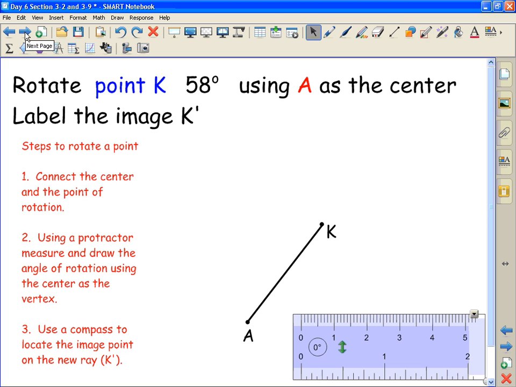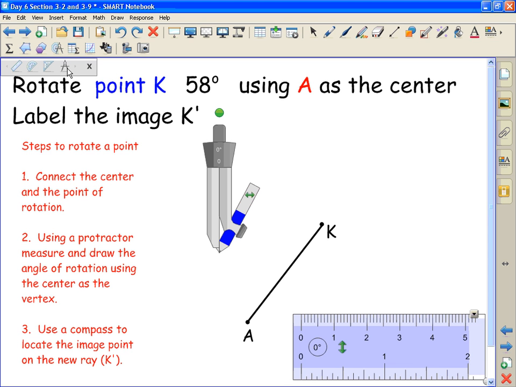We're going to rotate point K 58 degrees using A as the center, labeled the image K primed. What we're going to start out by doing is getting our compass.